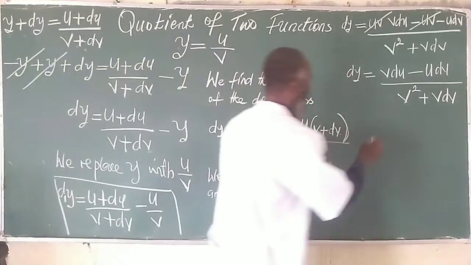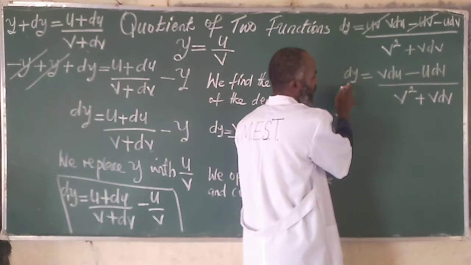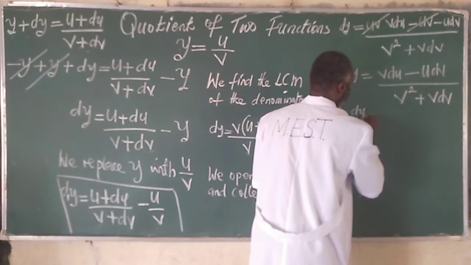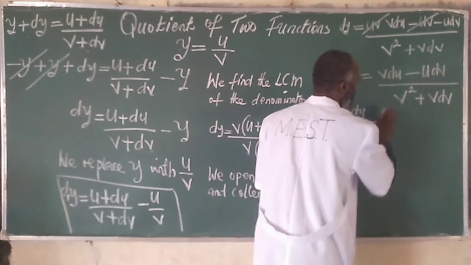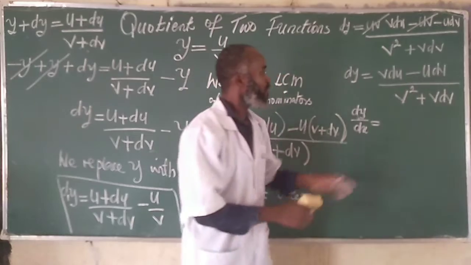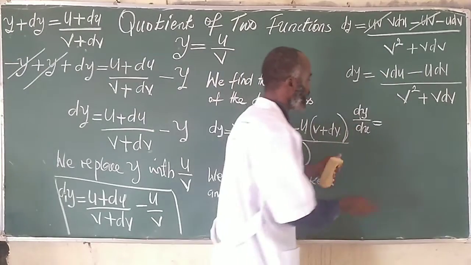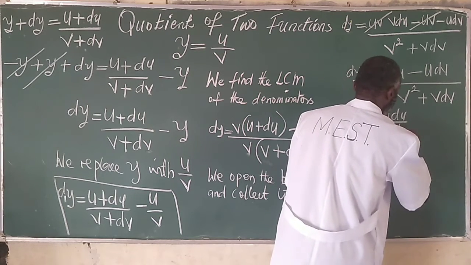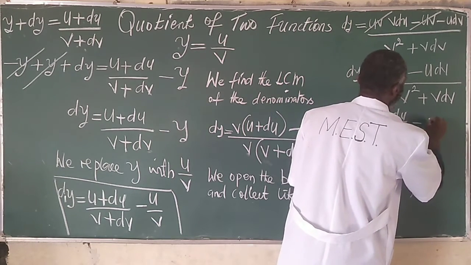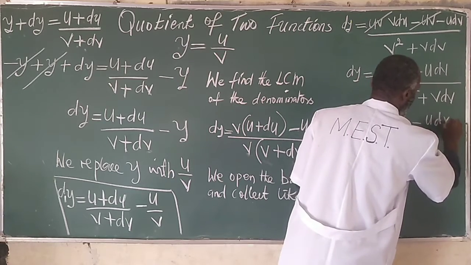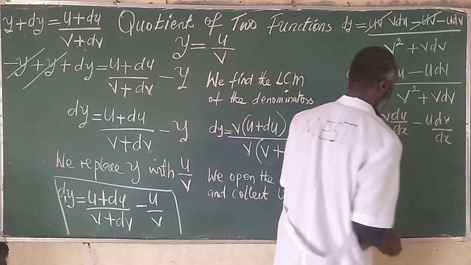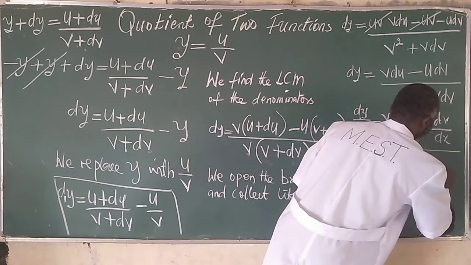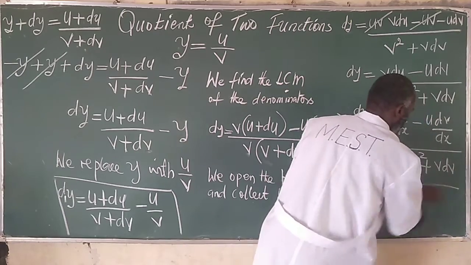A situation that we now differentiate. We differentiate the numerator with the y, the x. The y now goes with the x, affecting only the numerator factor. And the numerator factor is v du over dx, minus u dv over dx at this point, all over v squared plus v dv at this point.